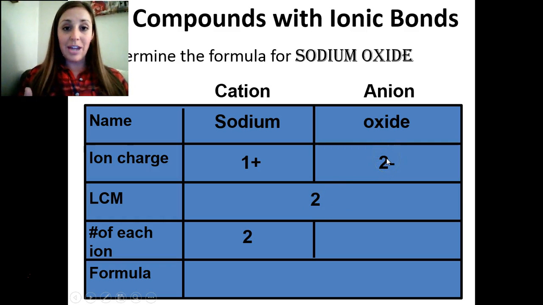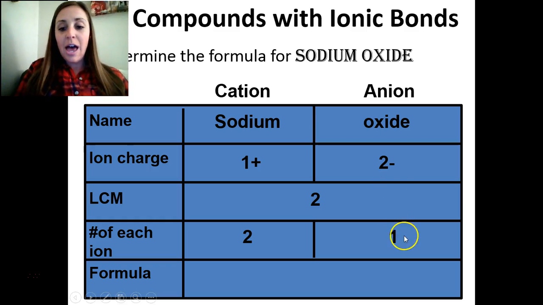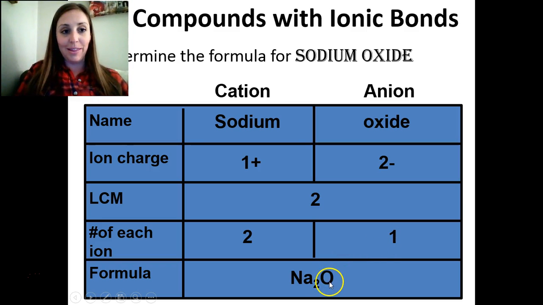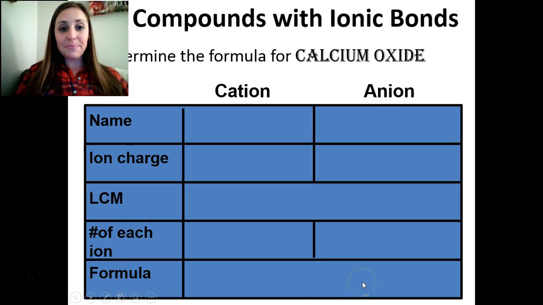Well, each oxygen ion has a 2 minus, so one of them gives me my charge. I only need 1 oxygen. These are your subscripts. So you're going to have Na2O1, and then we don't put the 1 in your formula. So Na2O, that's sodium oxide.